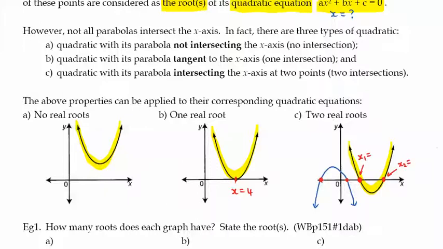Whether your parabola opens up or opens down, you have one answer here, and then you have another answer there. So this is the major difference between a quadratic function, where you work with the vertex, or a quadratic equation, where you find the x-intercept.